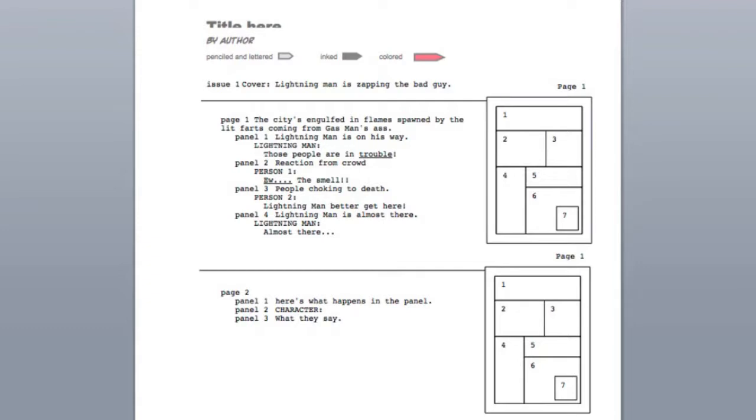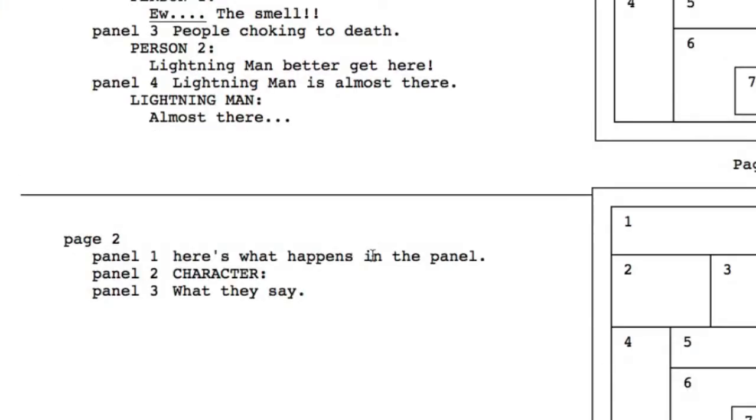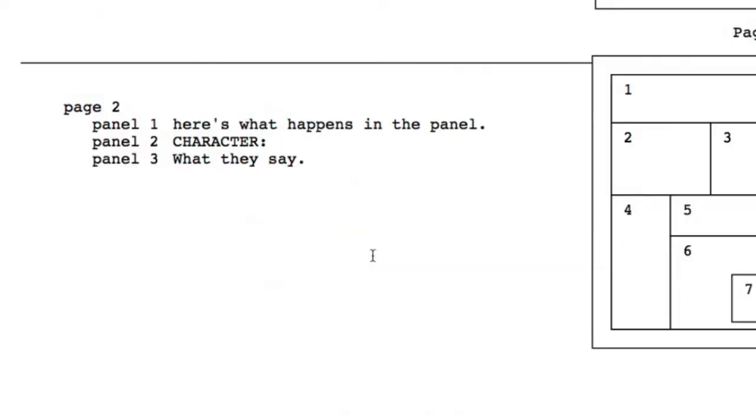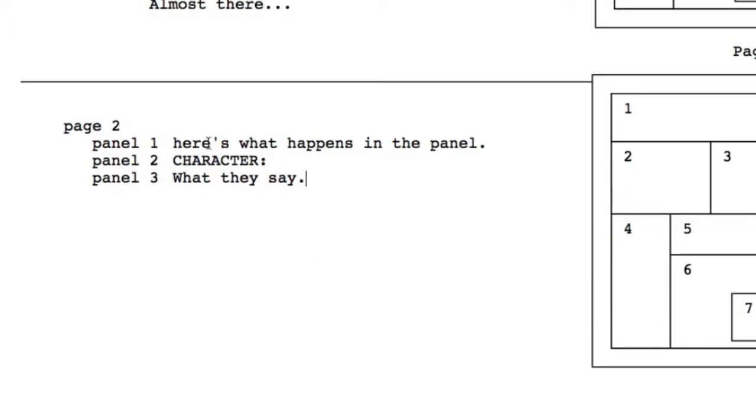Okay, let me zoom way in here. Sorry. Okay. So page 2, panel 1, here's what happens to the panel. Character. All this is right except they're on the wrong levels, so let's nudge this to the right here.